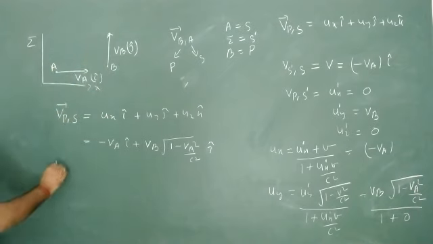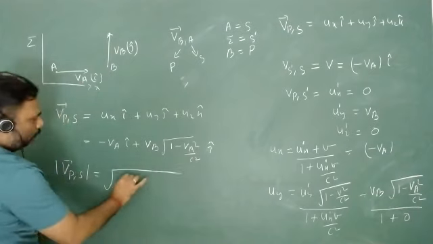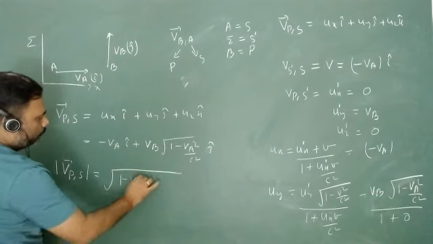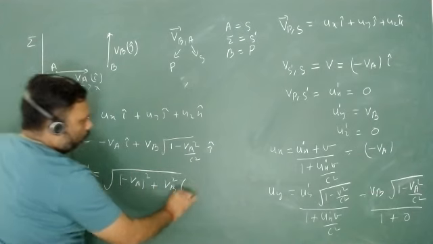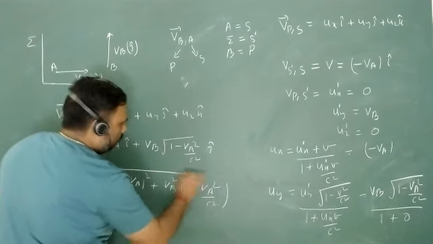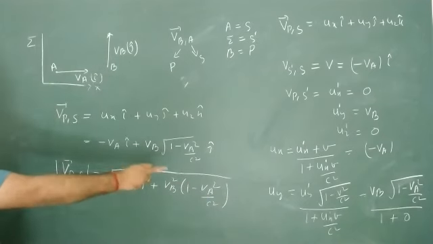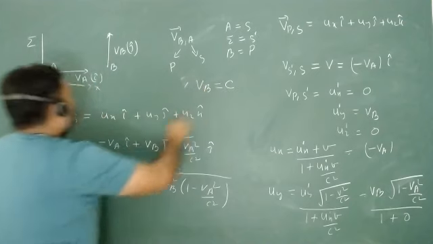If we are talking about the mod value, then this value is root under va square plus vb square (1 minus va square upon c square). And now put the value of vb equal to c.